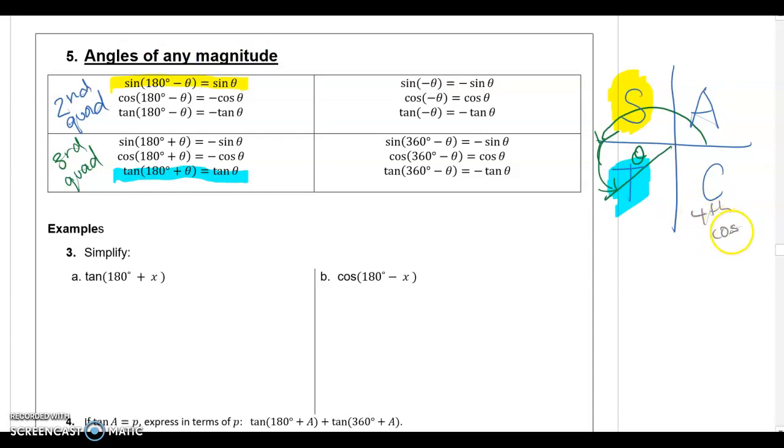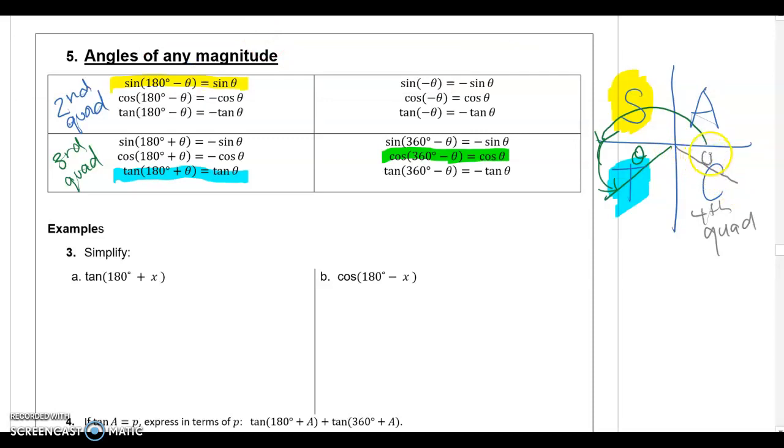Now, the last one I want to have a look at over here is our fourth quadrant, and it's the C part of our all stations to central. It tells us that cos is positive, and that's what the rule here is saying. When we have an angle in that fourth quadrant, I'll just pop one in there.